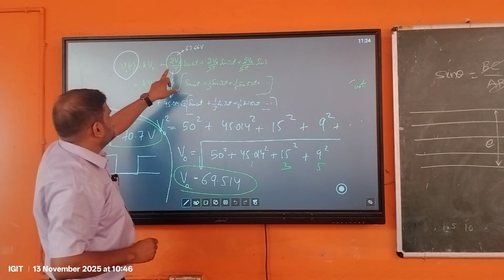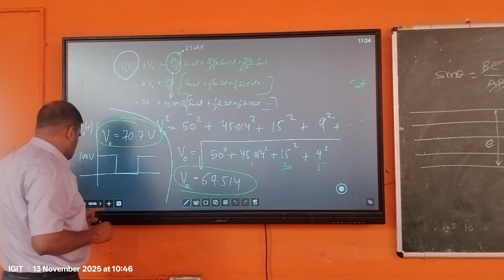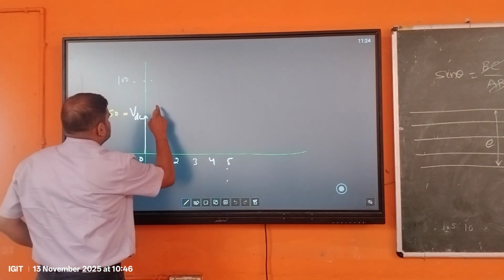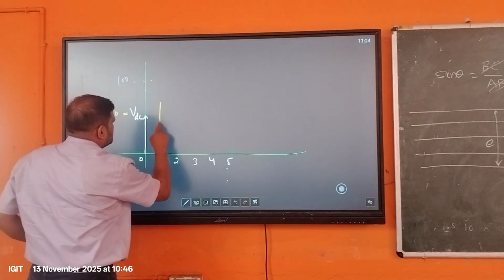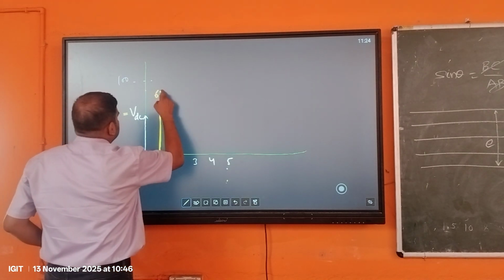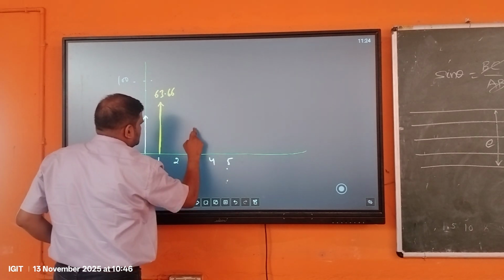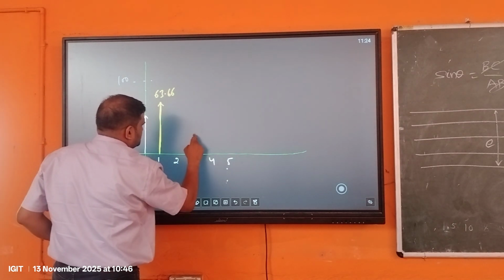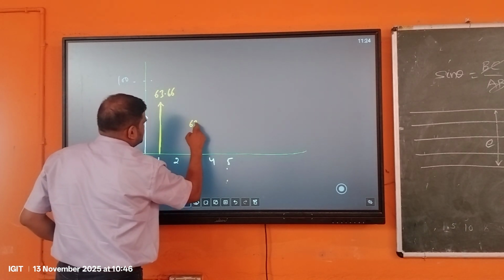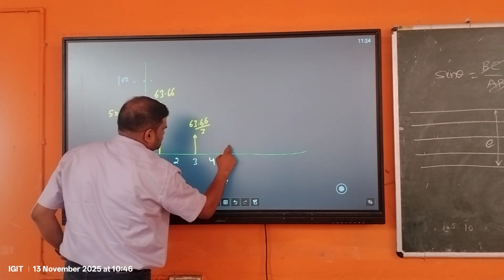This is around 2 by pi, 63.66. So this one is 63.66. And after that the third. This is how much? No need to calculate. This is 63.66 divided by 3. This one is fifth.